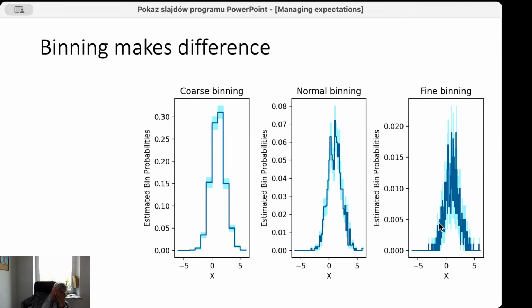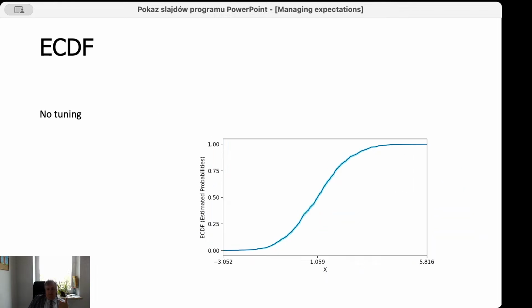What is important, however, when computing histograms is to assign the proper binning, because the wider the intervals, the more and more rectangular a histogram is. The tinier the intervals, the bins in the histogram, the more noise this representation has. So setting it somewhere in the middle is important in order to make it reasonable.